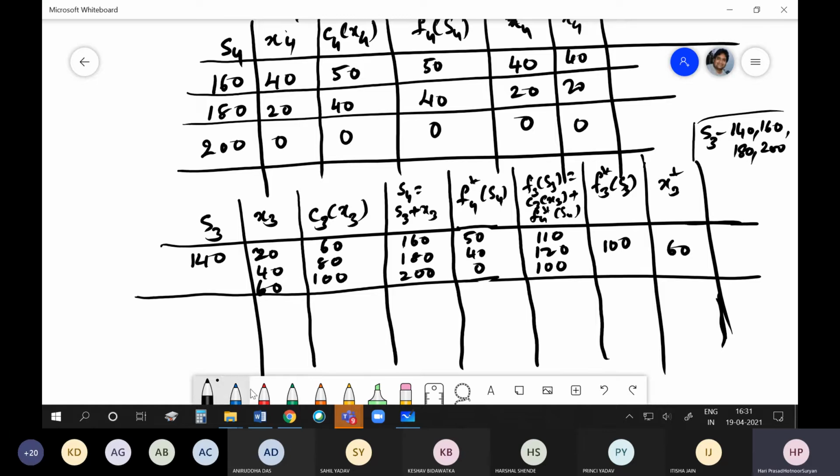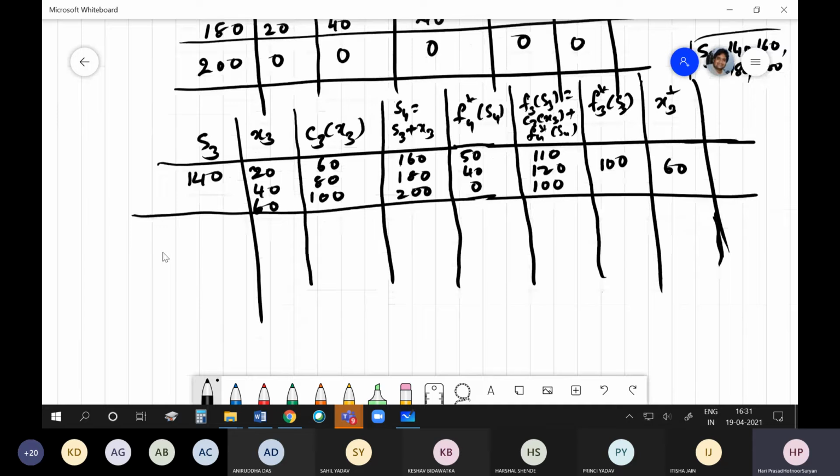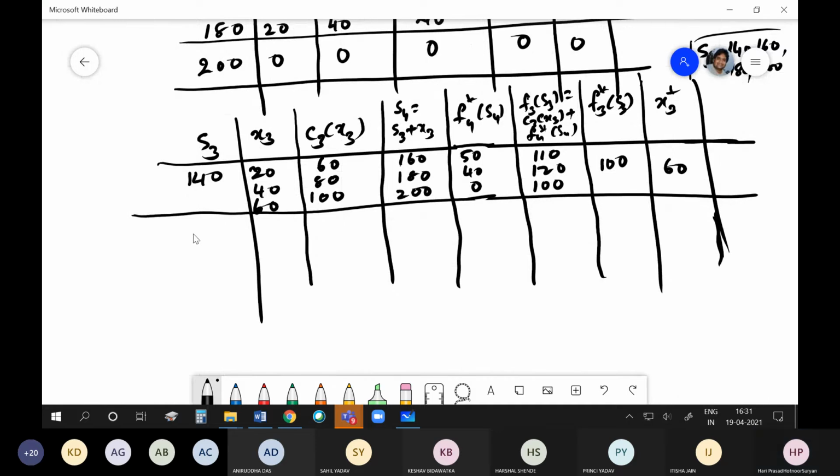Okay, so now let us come to the other problem, 160. If it is 160, what are the possible values? So 0 to 40. I may not increase, I may increase by 20, I may increase by 40.